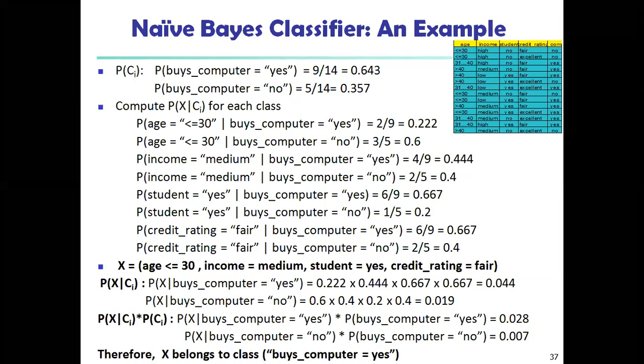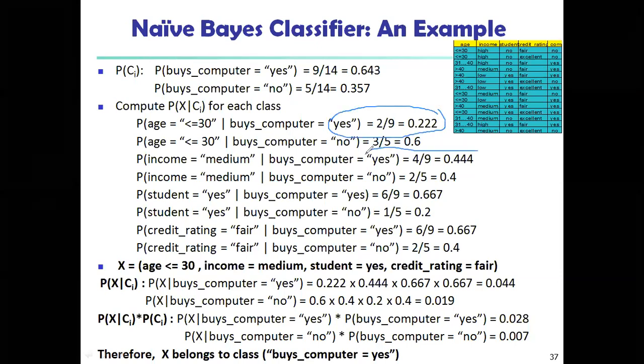P(X | buys computer = yes): we have to multiply the whole values, 0.222, 0.444, 0.667. Only the yes values you have to consider here.